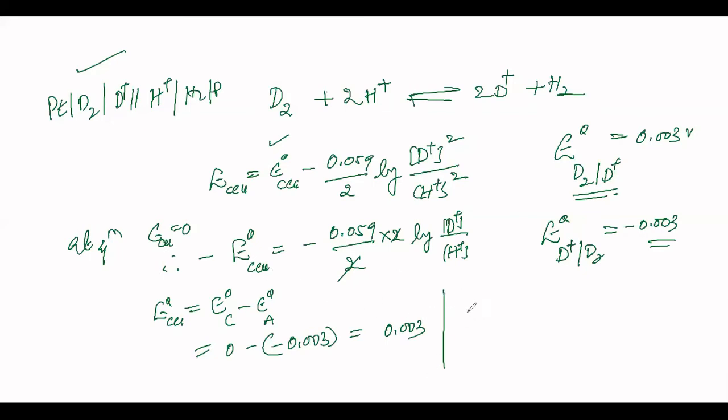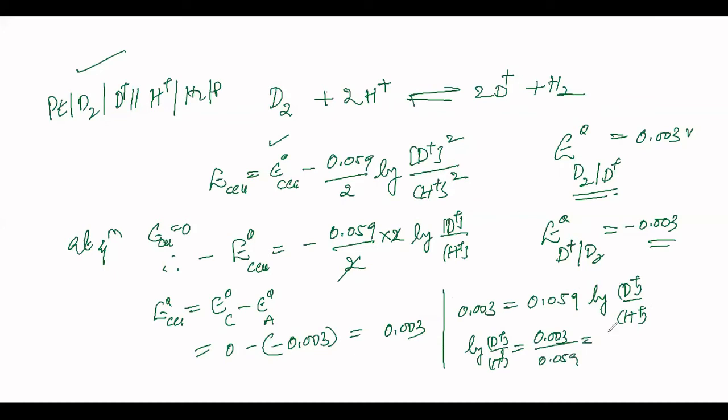So you can substitute for that. 0.003 should be equal to 0.059 into log of D plus upon H plus. So find out log of D plus divided by H plus should be equal to 0.003 divided by 0.059.